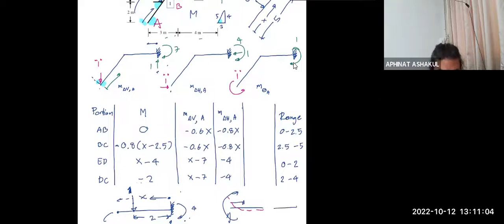Similarly, if you write from right to left, anything that will push your structure up is positive moment, because that's your positive sign convention. So I don't need to go clockwise positive, clockwise negative all the time. If you practice a little bit, you'll see this. When you look at the right side of this, that moment is pushing things down, so it's a negative moment.